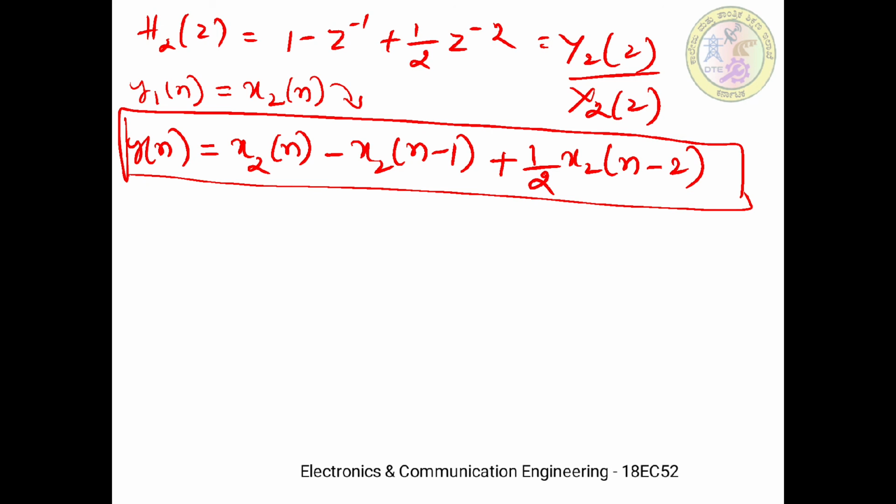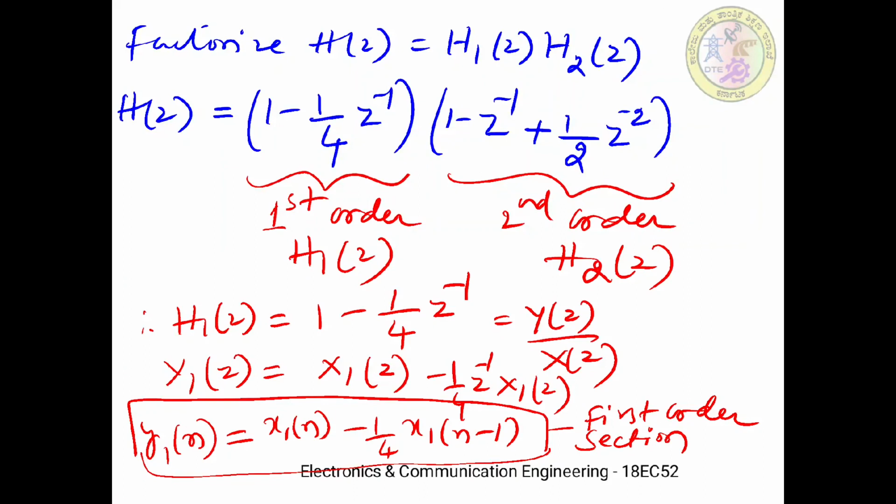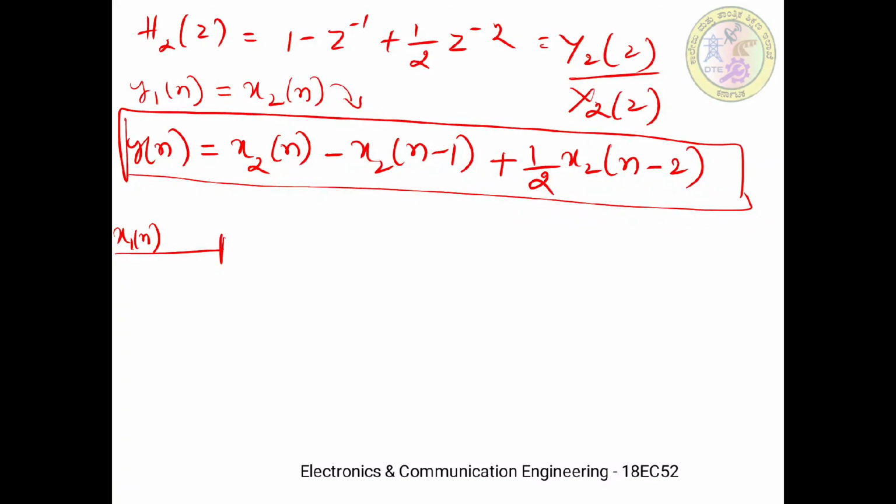So the realization is like this. The first stage is a first order stage, so it is a very simple equation, x1 of n minus 1 by 4 x1 of n minus 1. There is only one delay in this, so the delay will be z inverse, and this will be added.